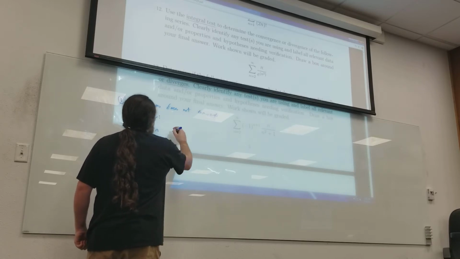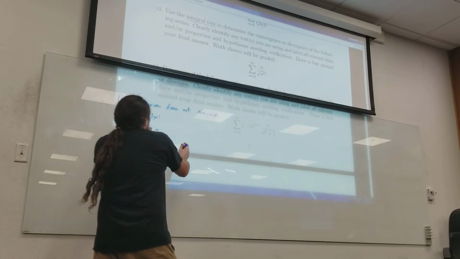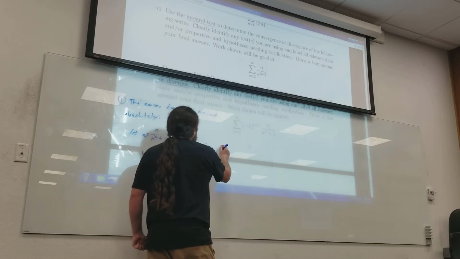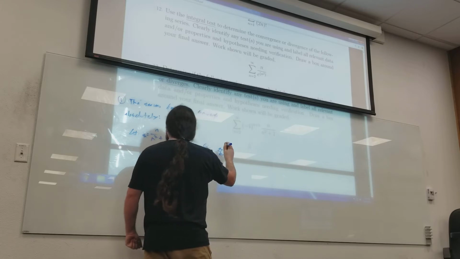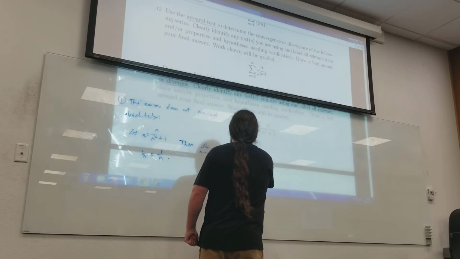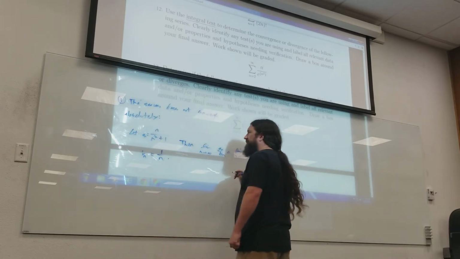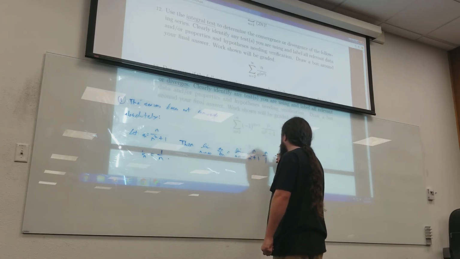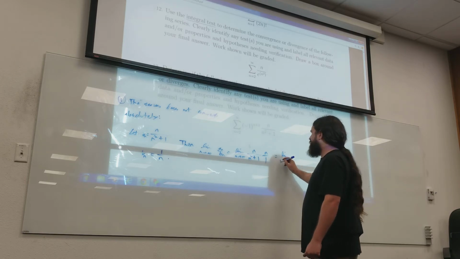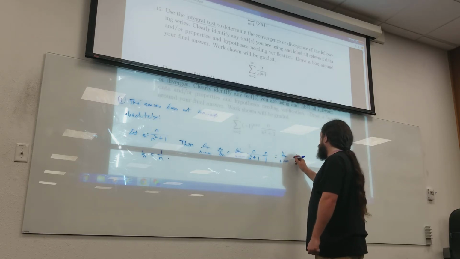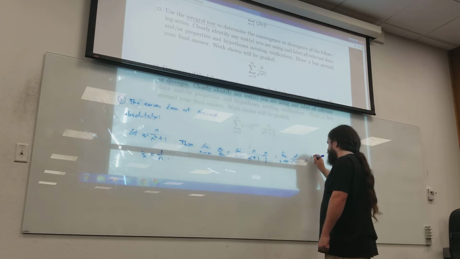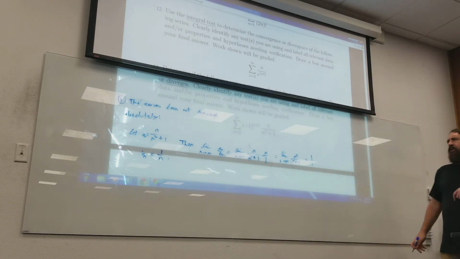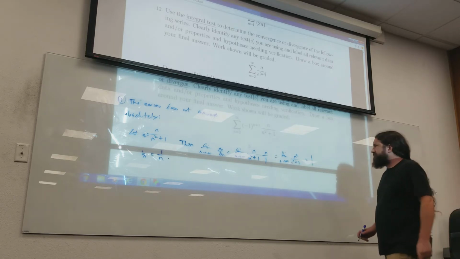All right, if I look at the limit as n goes to infinity of a_n over b_n, that is the limit as n goes to infinity of n over n squared plus 1 times n over 1, which is the limit of n squared over n squared plus 1, which is definitely 1. You don't have to do L'Hopital's if they're the same kind of function.